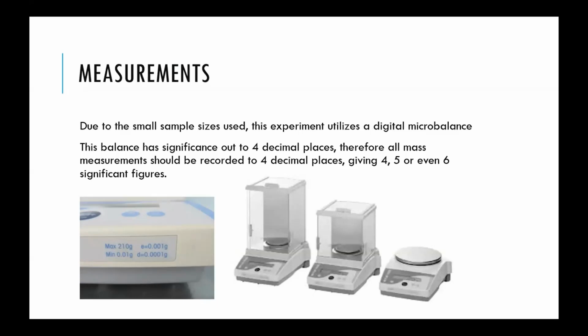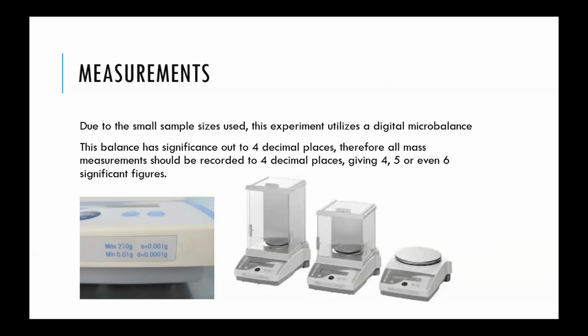In previous experiments, the mass measurements that were taken were done on beam balances, which would read to 2 or 3 decimal places. The measurements for this experiment are done on digital balances, which can read 4 decimal places.